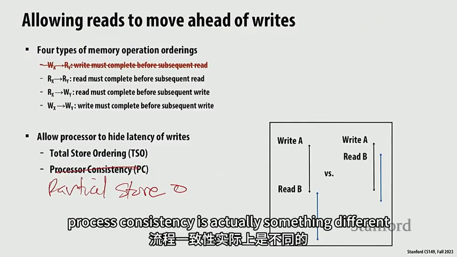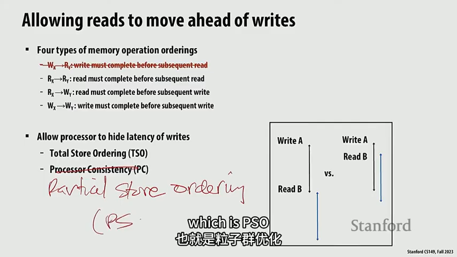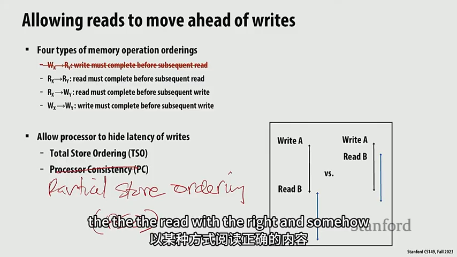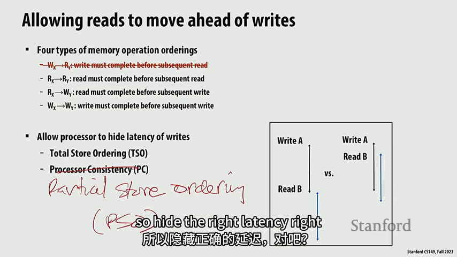Processor consistency is actually something different, which is PSO. All right, and so now we're going to allow you to overlap the read with the write and somehow reduce the impact of the write latency. So hide the write latency, right?